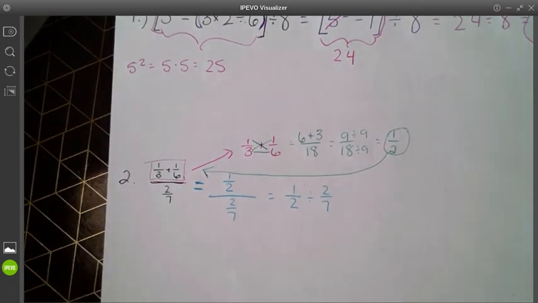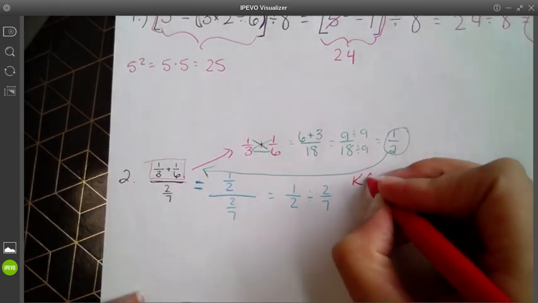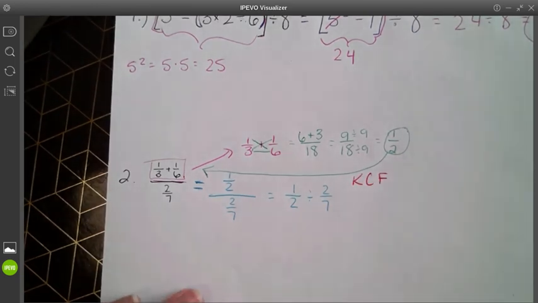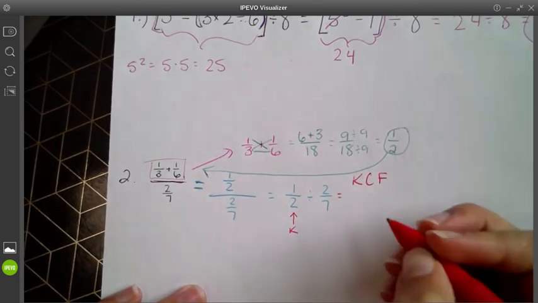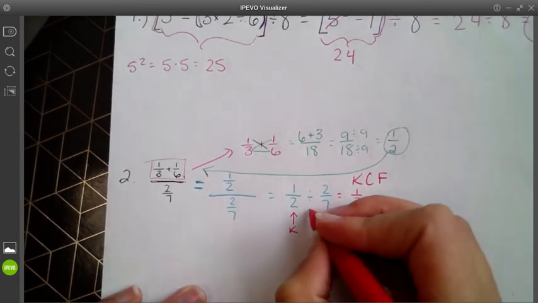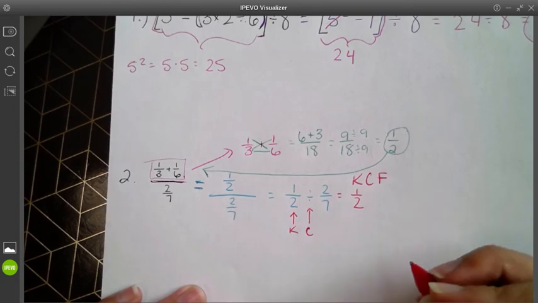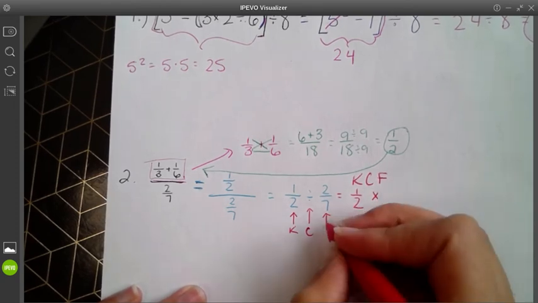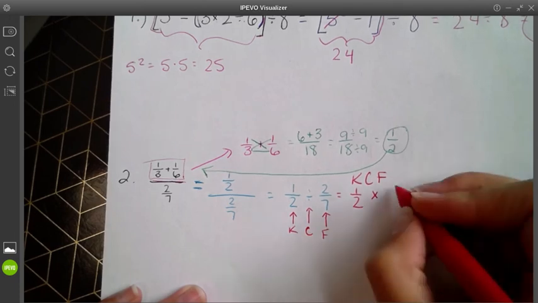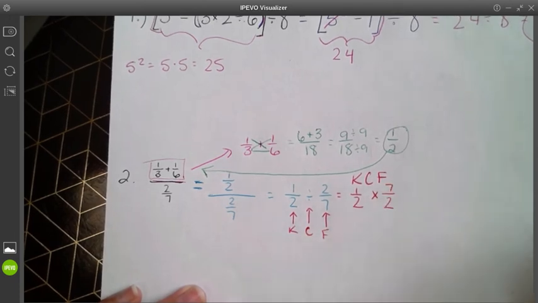All right, with division, we do keep, change, flip. All right, so keep. I'm going to keep that, so 1/2. Operation, I am changing that to multiplication. Flipping that second fraction, so we have 7/2 now.